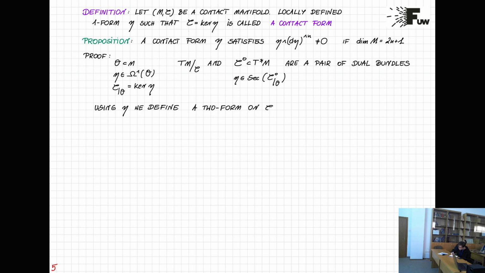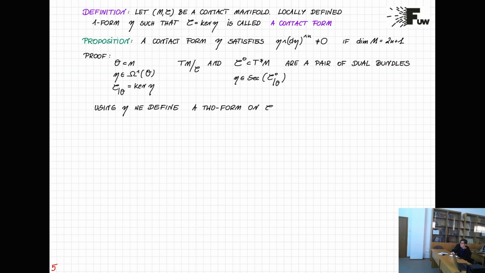Then we can look at the contact form. We have the line bundle and we have the dual. The annihilator of the contact distribution is a one-dimensional sub-bundle of the cotangent bundle to our contact manifold.